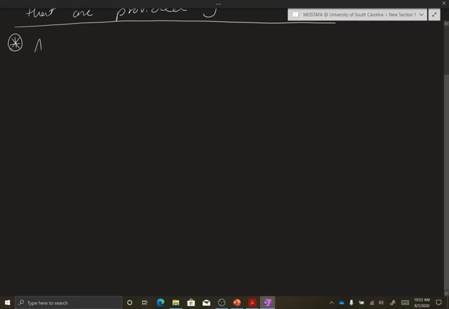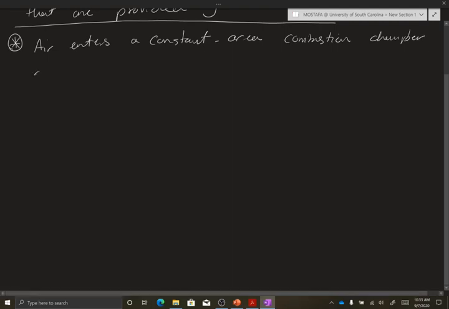So we have air that enters a constant area combustion chamber at a specific Mach number, at Mach 3, with a total pressure and temperature of PT1 equals 45 kPa and TT1 equals 1800 K, respectively.